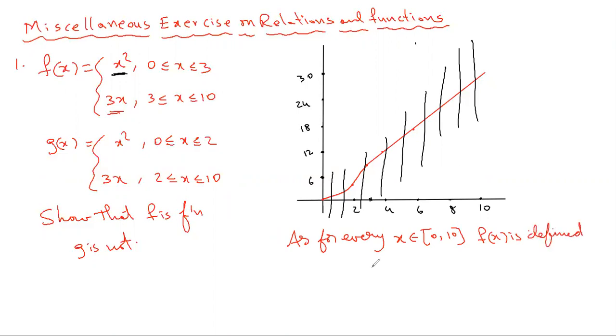That means that's a real number. And the graph of f of x satisfies the vertical line test.